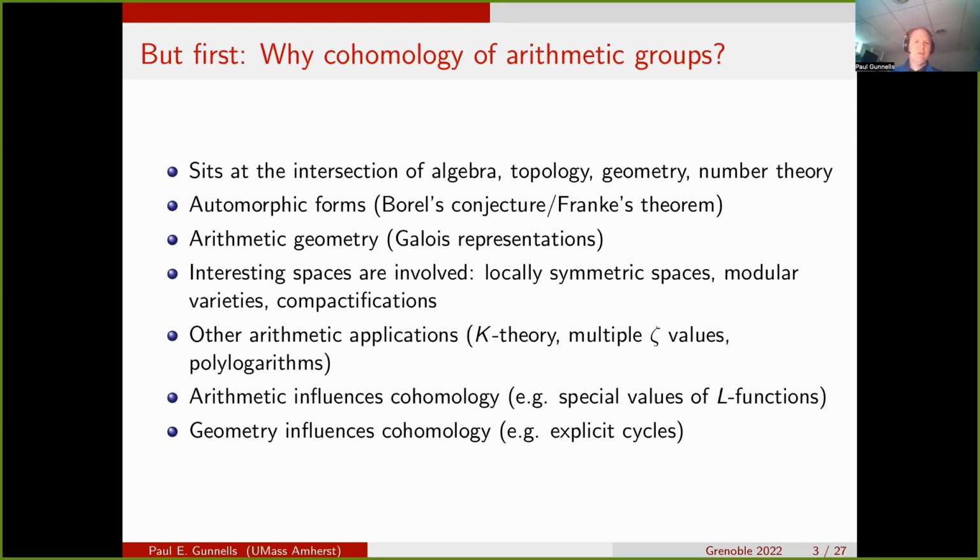Well, first of all, just as a subject, without any thought about applications, it's a very interesting subject because it involves so many different parts of mathematics. It really sits at the intersection of a lot of different fields. There's a lot of different ways to get into it and a lot of different tools and techniques that you need to understand, to be able to read the literature and to do computations and prove new results.